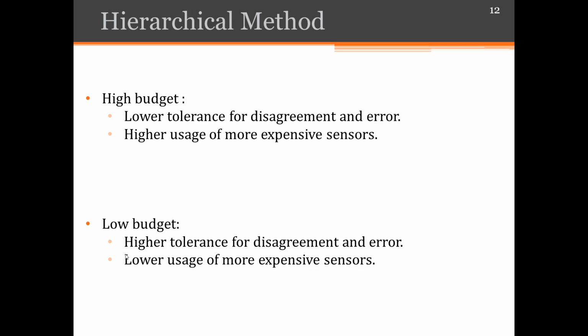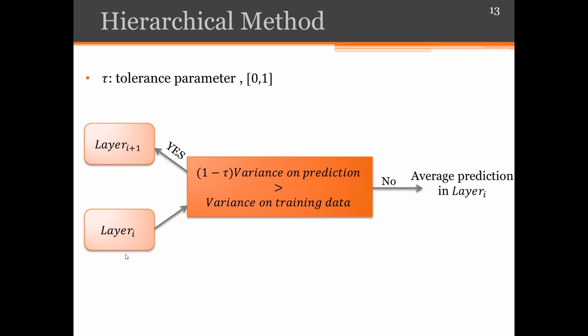In order to have this in our models, we have introduced a tolerance parameter from 0 to 1. And by adding this term to the conditions, we say if you are high on budget, then decide on a lower tolerance parameter.